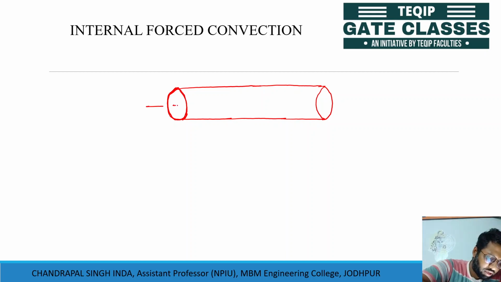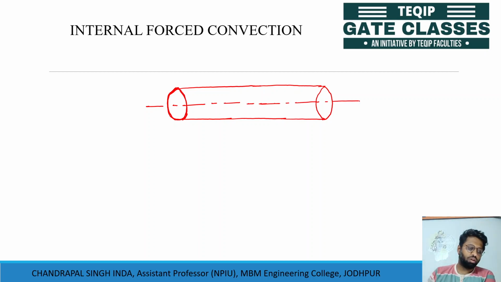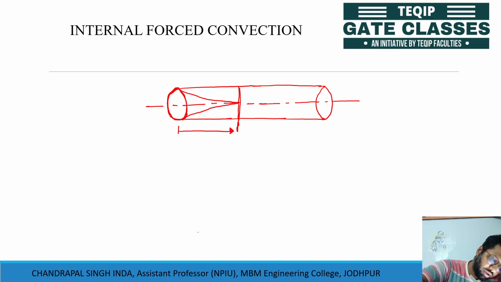The boundary layer is formed from each and every surface of the pipe till its axis. Up to this section, the length from the entrance to where the boundary layer is formed completely, where delta max is equal to the radius, is known as the entrance length.